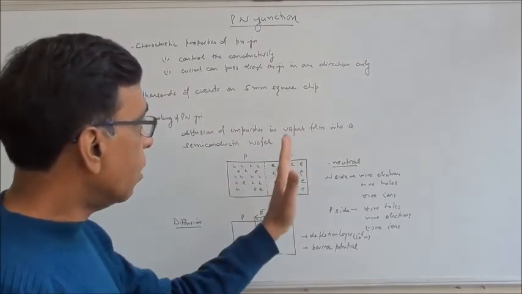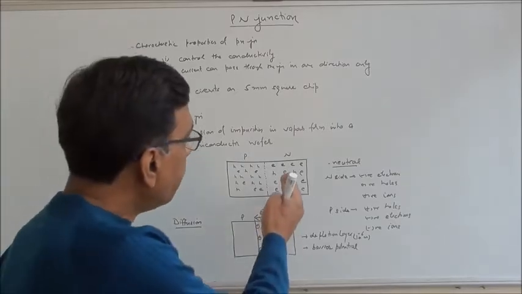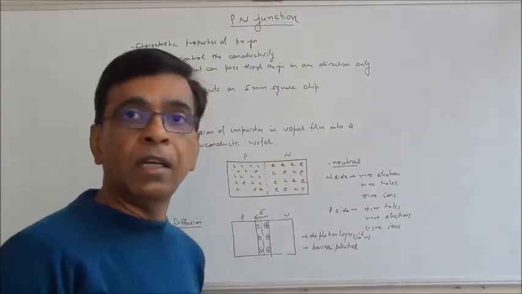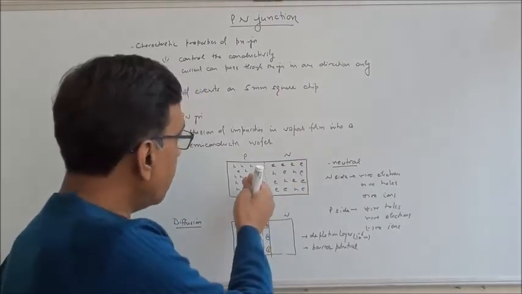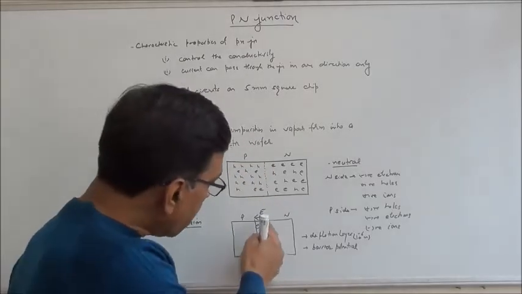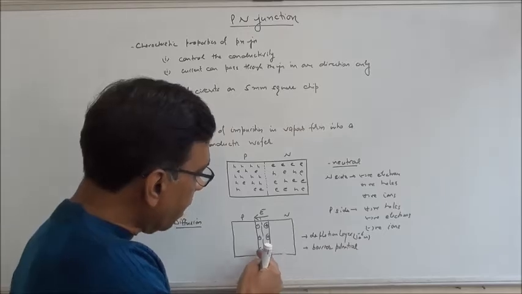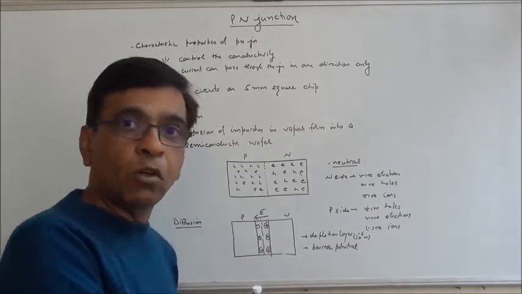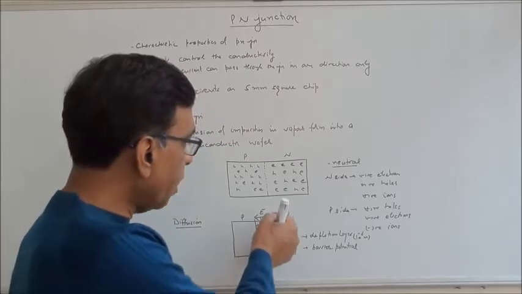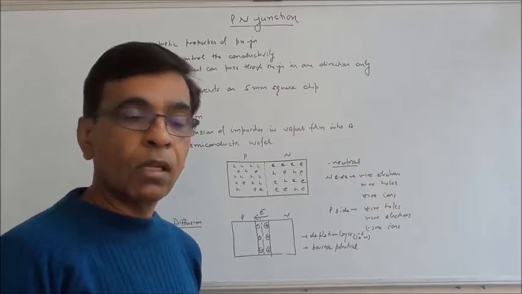Now what will happen? Initially it is neutral, but if electrons move to this side, this gets net positive charge, and same way if holes shift to this side, this gets negative charge. So at the junction we have positive charge on this side, negative charge on this side, and this is because of the ions present. Ions are not mobile, they are fixed in their positions, but electrons and holes have combined.